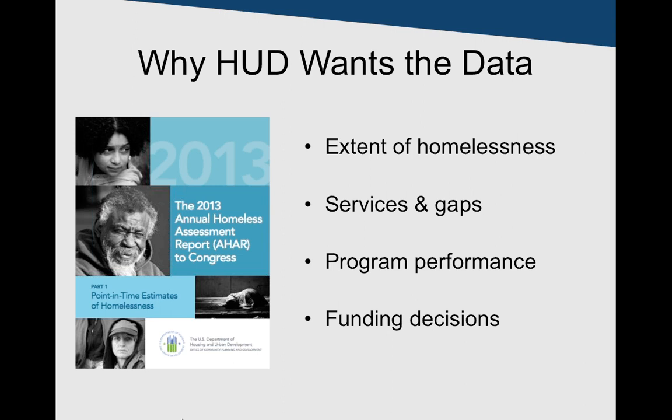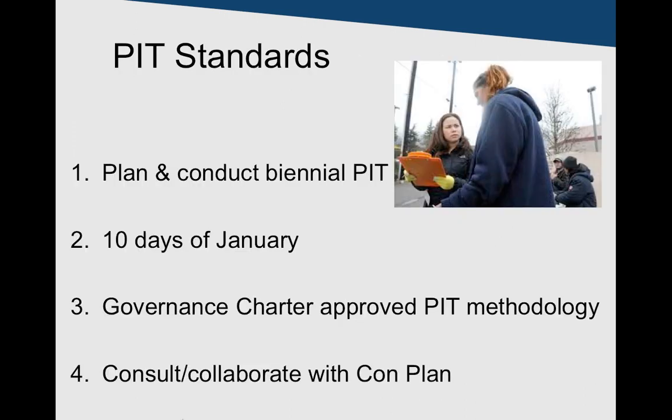The report is based primarily on data from HMIS, but also utilizes HIC and PIT information. At the national level, the AHAR is utilized to determine the progress that is being made to end homelessness and help with funding decision making.